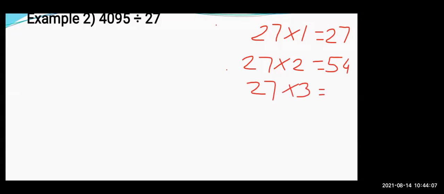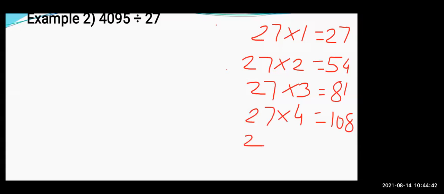What is 27 threes? Yes, very good. The students are giving the answers also. 27 threes is 81. Now 27 fours. What is 27 fours? Yes, 27 fours is 108. Okay, we'll write till 27 fives.